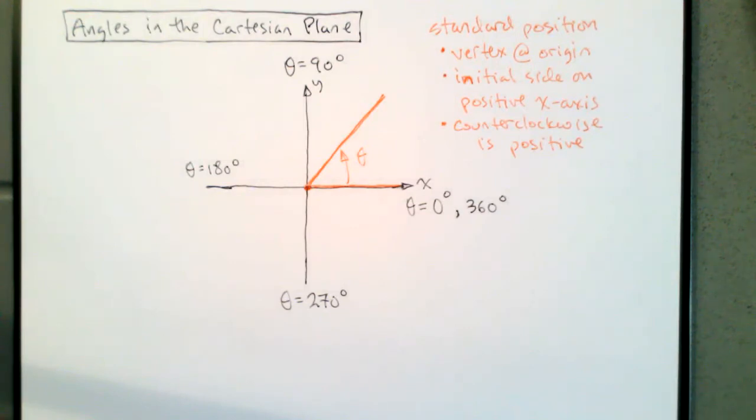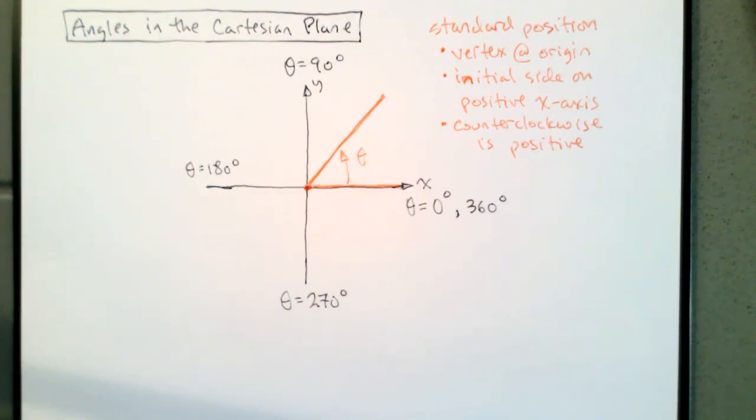Now we find something really weird about this circular number line. Even though the numbers keep going, the locations will be familiar, because 0 degrees and 360 degrees refer to the same place on the coordinate plane. Both angles refer to the positive x-axis.